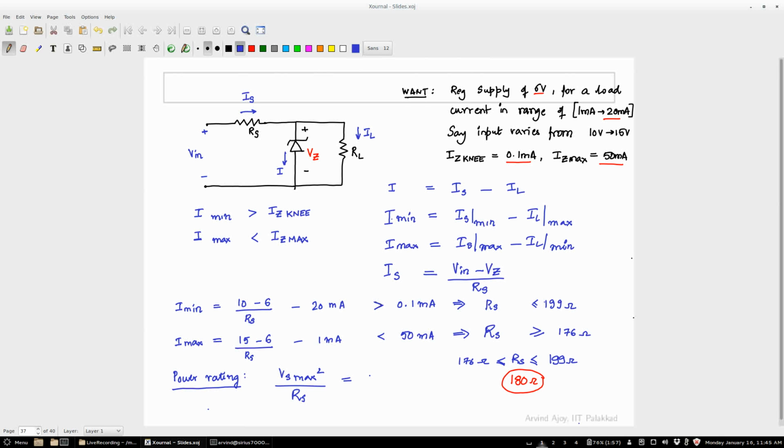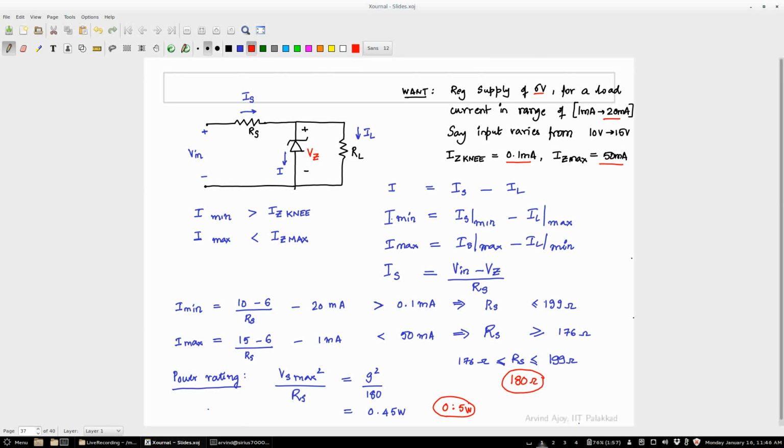The maximum voltage across the resistor is, so I can call that Vs max squared divided by Rs. Vs max is 9 volts, right? When V is at its maximum and Vz is at 6 volts, so 15 minus 6, which is 9. 9 squared is 81. So that is 9 squared divided by 180. What is this?